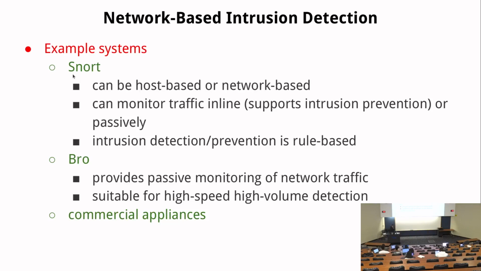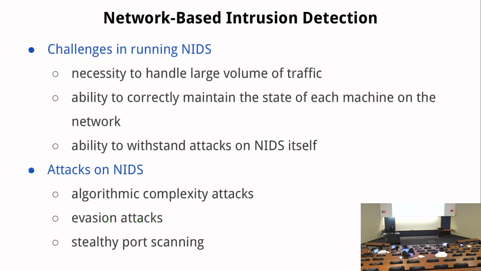I remember Snort was an open source project. It was very, very popular 10 to 15 years ago, but recently I don't believe they are that popular anymore because of the encryption. The network based intrusion detection is a different area from before because you cannot do deep packet inspection basically.